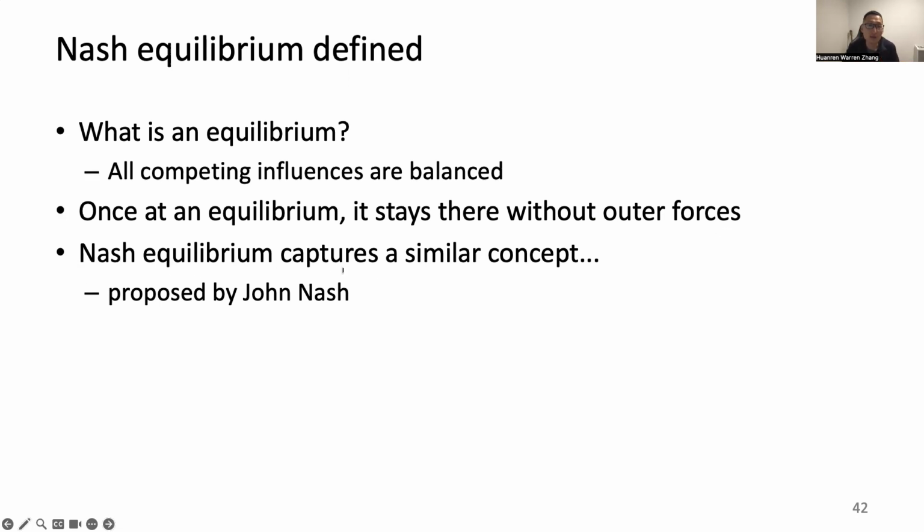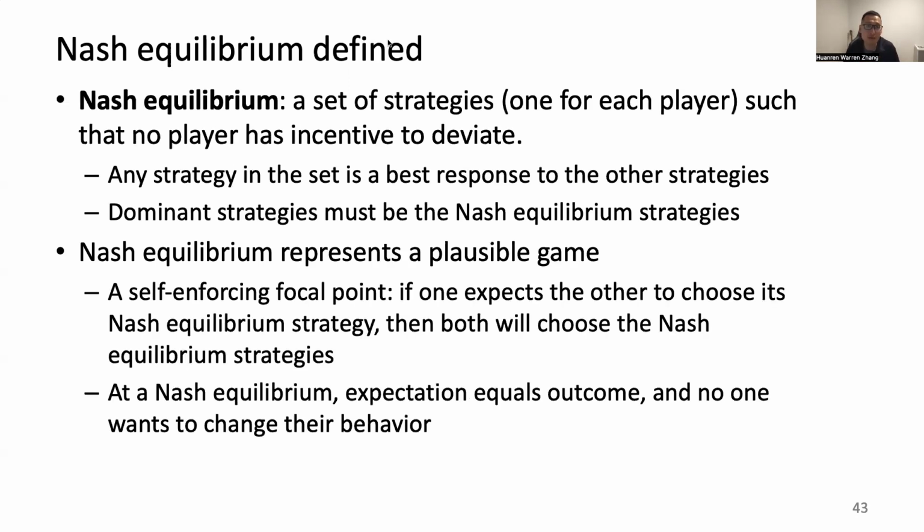Nash equilibrium captures a similar concept. This idea of Nash equilibrium was proposed by Nash. We have introduced the story of Nash, and also his one-page paper that laid one of the foundations of game theory. Nash equilibrium is a set of strategies such that no player has an incentive to deviate, and any strategy in this set is the best response to the other strategies.